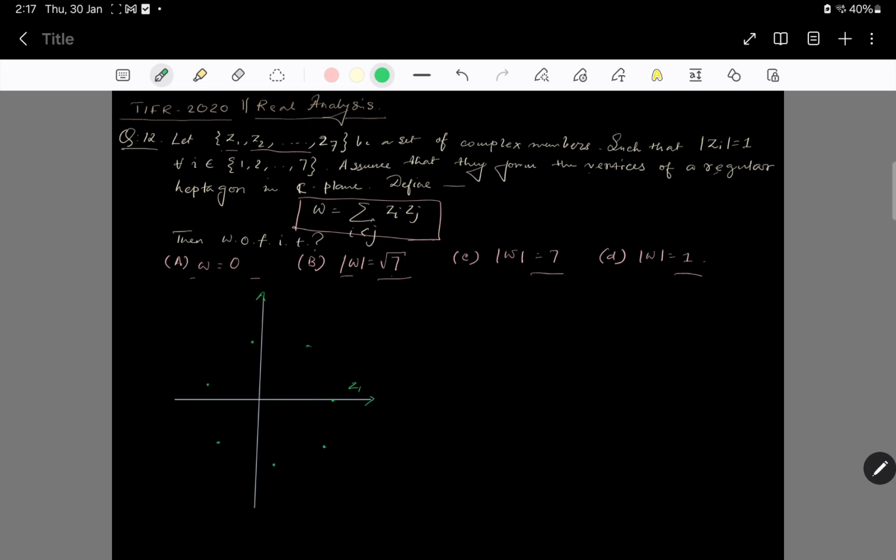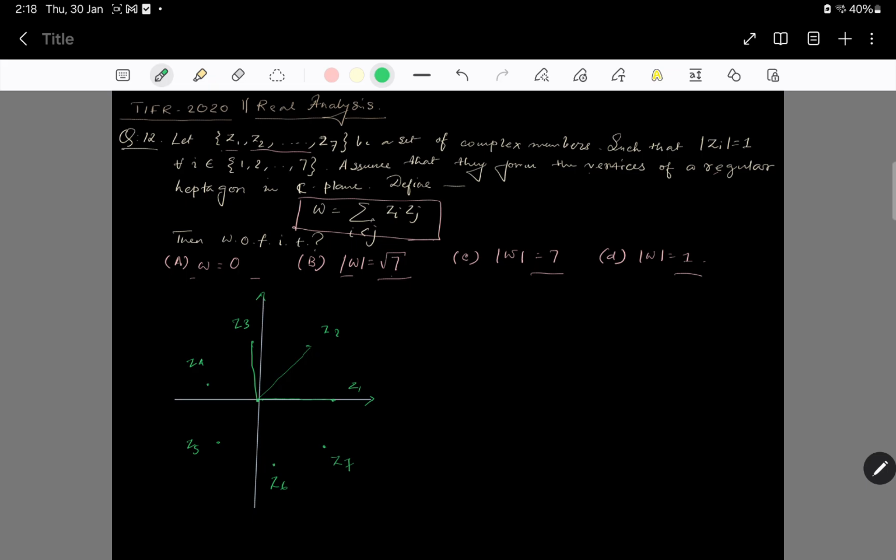In fact you can draw z1 anywhere on the plane, but for the sake of simplicity I'm just keeping it on the real axis. Now similarly we will draw z2, z3, z4, z5, z6 and z7. Make sure that they are equidistant from the center. Although in my picture it's not perfect, you can assume that they are all equidistant from the center, and all of them have length 1.